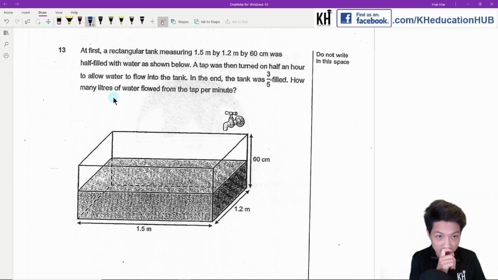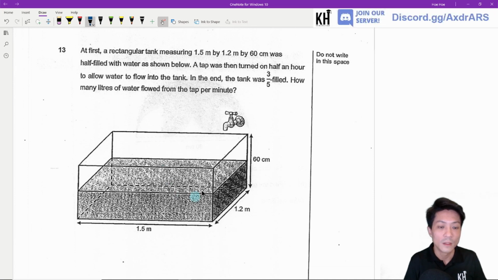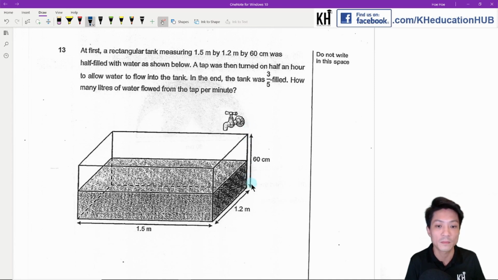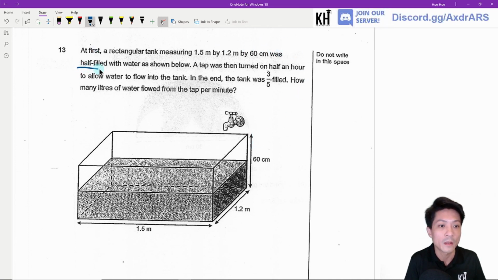Okay, so the first thing I need to find is, instead of finding the volume of the tank and dividing by 2, I can basically just find out the height of the water, right? When the tank was half filled with water, it will be 30 cm, right?